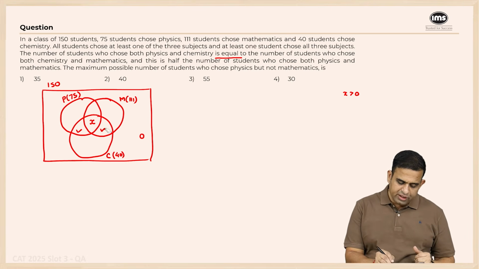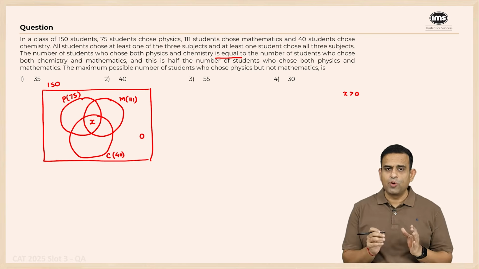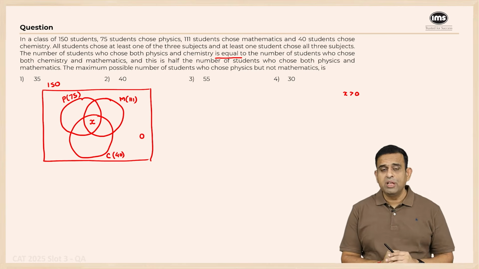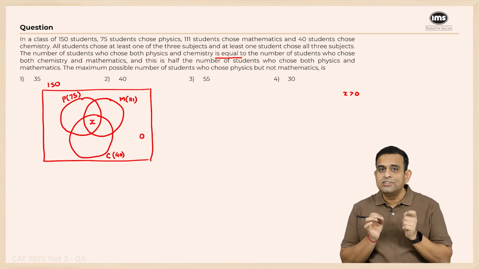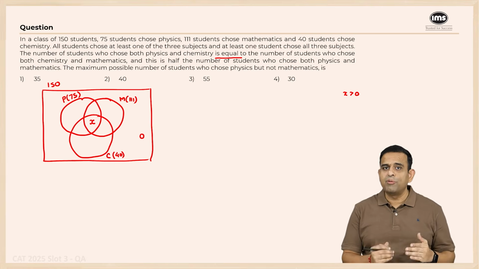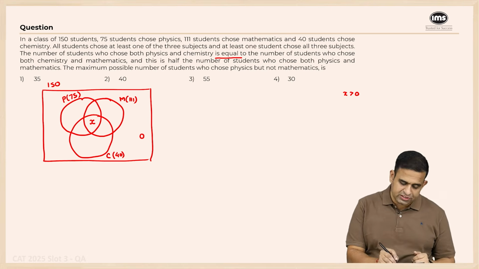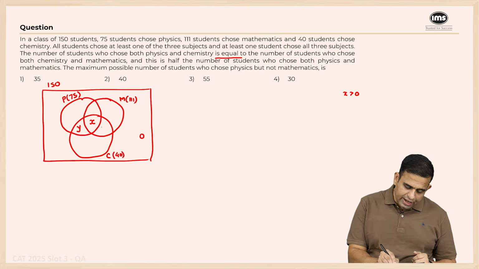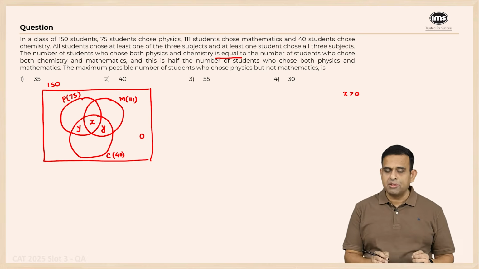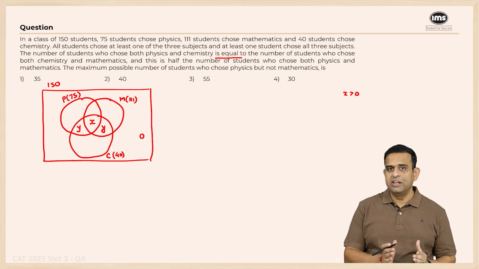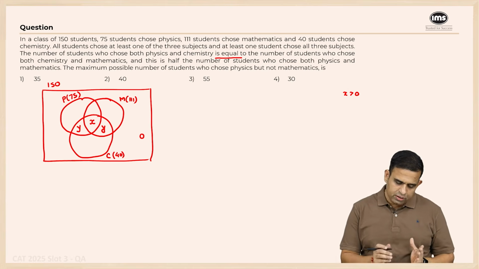What does that mean? Because in this particular part, x number of people are common to both. It simply means the number of people who have chosen only chemistry and math is the same as the number of people who opted for only chemistry and physics. Suppose I take this variable as y and a y over here. That's why if you look at it, the total of math and chemistry would be the same as the total of physics and chemistry over here.